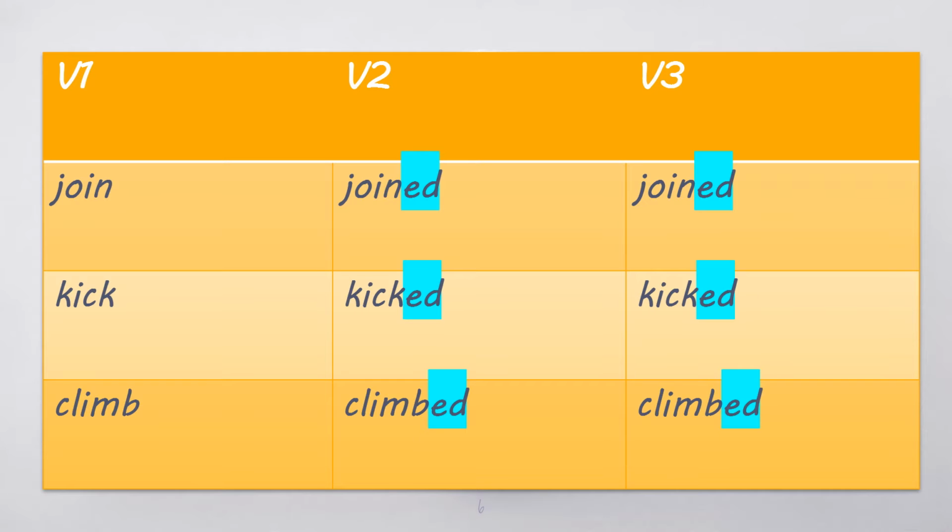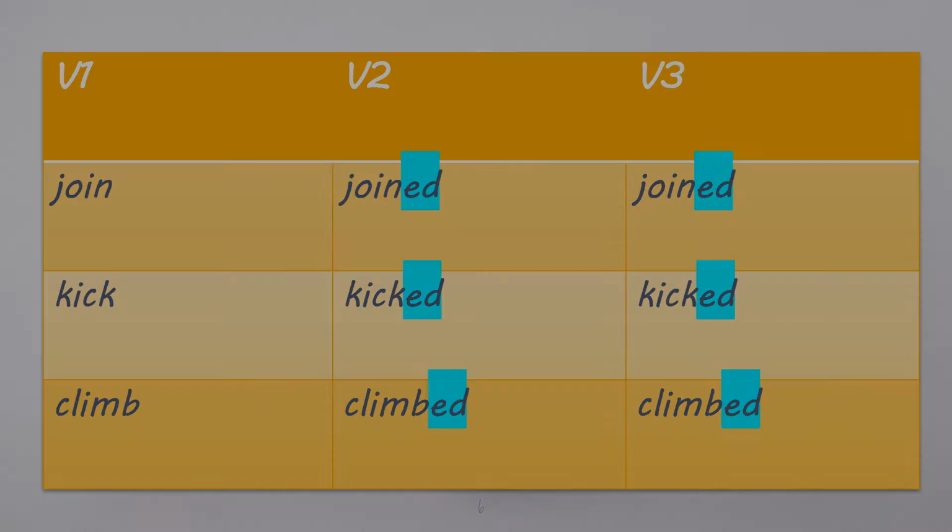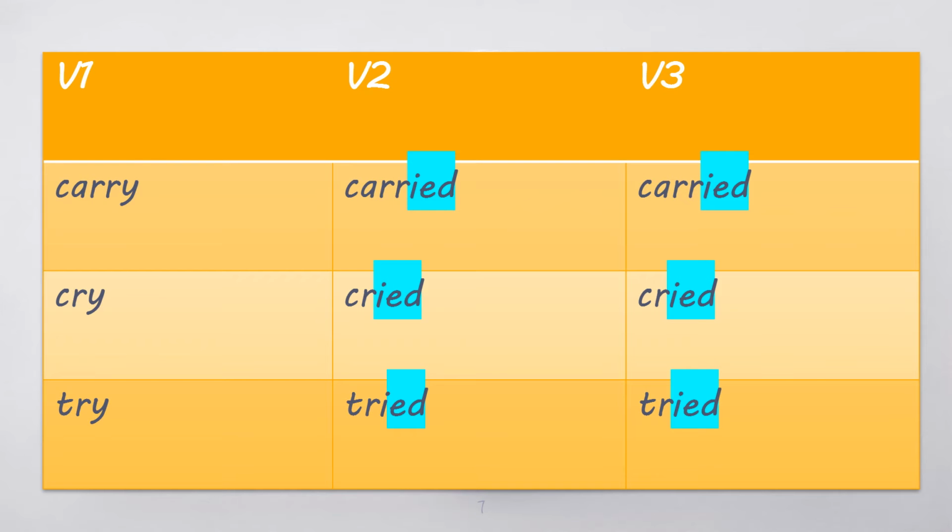Join, joined, joined. Kick, kicked, kicked. Climb, climbed, climbed. Here on this slide, we have three verbs: carry, cry and try. All these three verbs end in a Y. So in V2 and V3, as we see here, the Y of V1, that's the base form, has been replaced with IED in V2 as well as in V3.